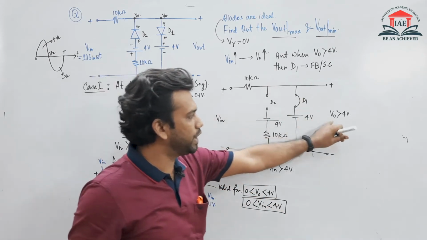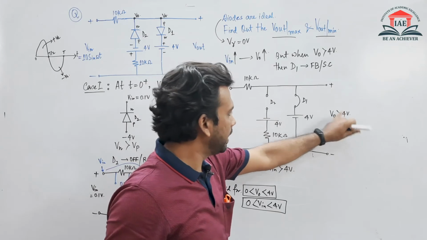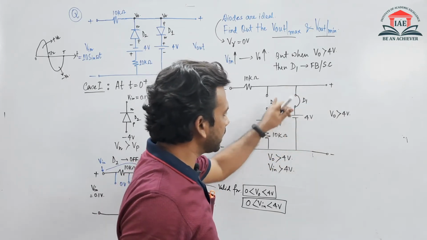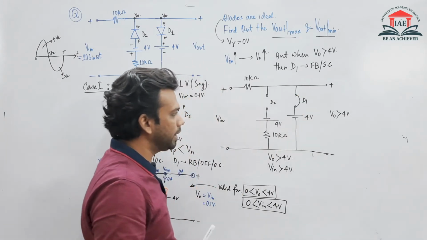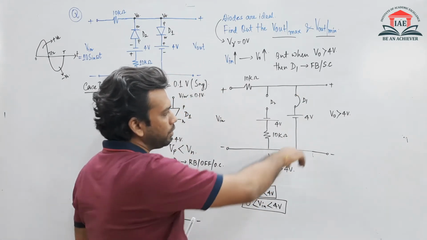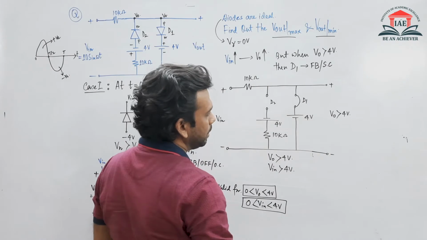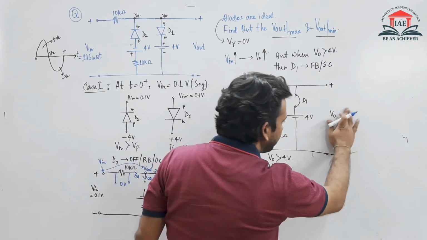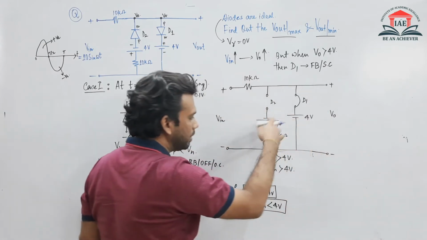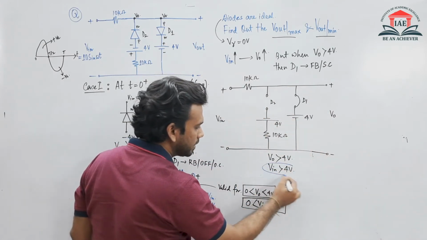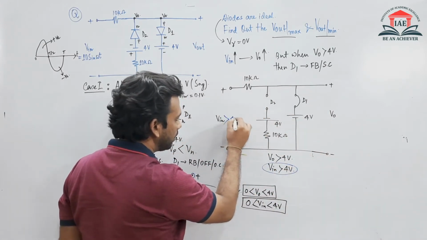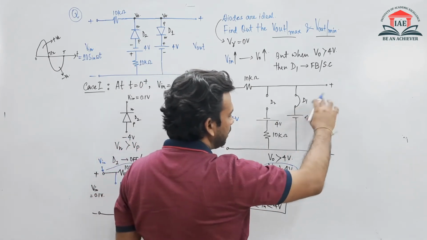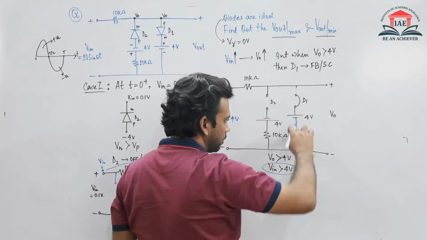Whenever the input voltage is greater than 4 volt, the output voltage will be greater than 4 volt, and the D1 diode will be short circuited. So if the D1 diode is short circuited, what will be the output voltage? If I ask you what the output voltage will be at this condition, when the input voltage is greater than 4 volt, the output voltage will be nothing but this 4 volt, because it is short circuited.